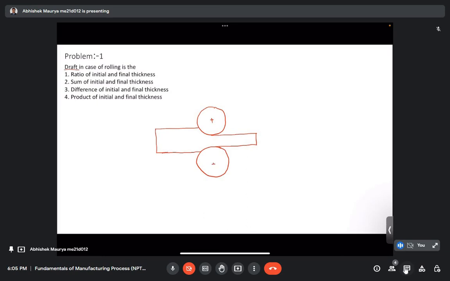Basically, the aim of the rolling process is to reduce the cross-sectional area of the workpiece, or let's say billet. So this is the workpiece, or let's say billet, and initially it was having a shape something like this.